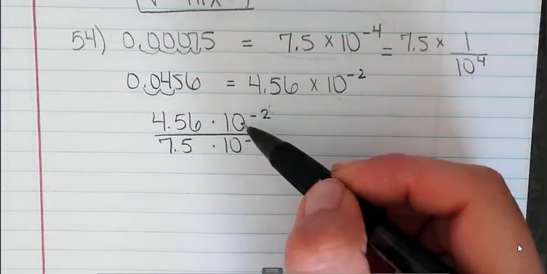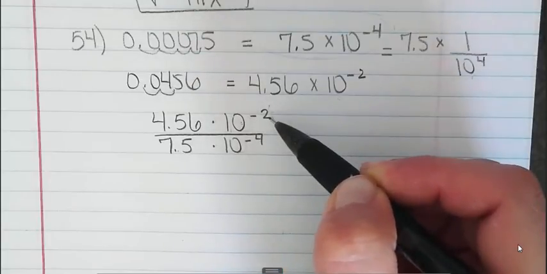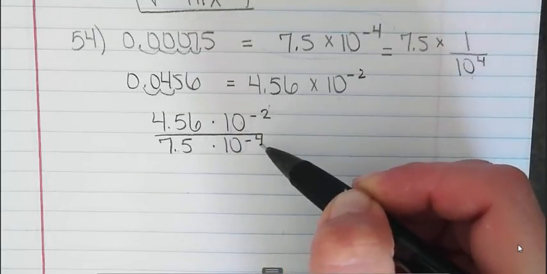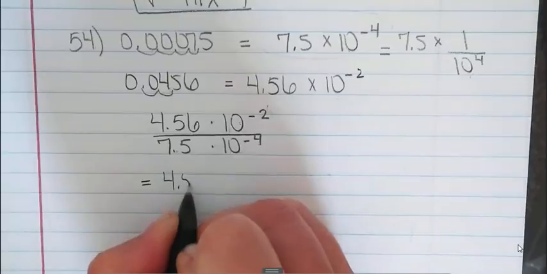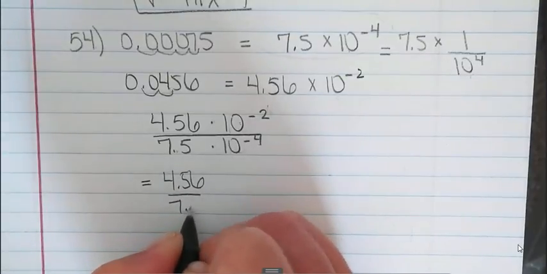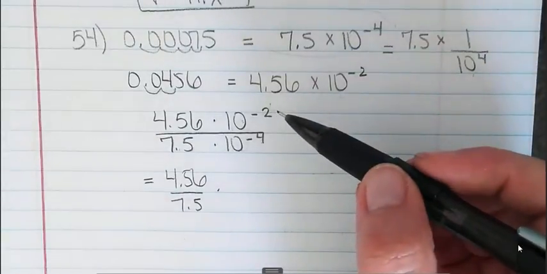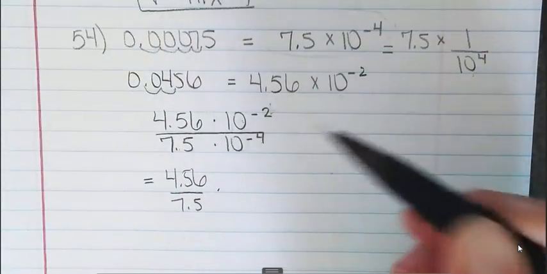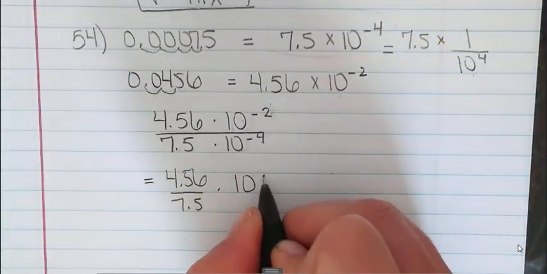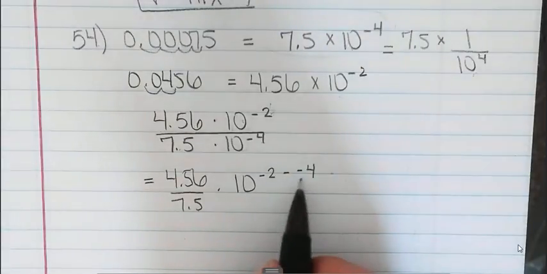Notice here I have like bases, so this can be simplified. This is really negative 2 minus a negative 4. I'm going to leave these two numbers the same, 4.56 divided by 7.5, times 10 to the negative 2 minus a negative 4. So what really happens here?